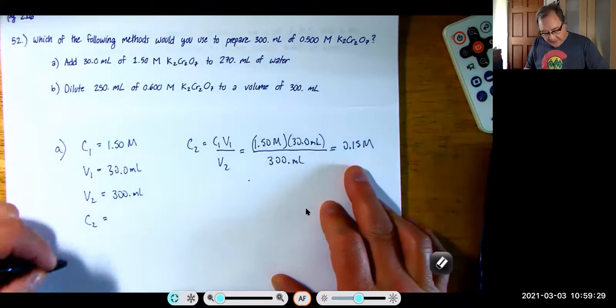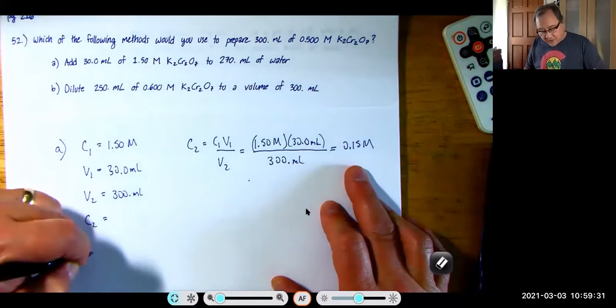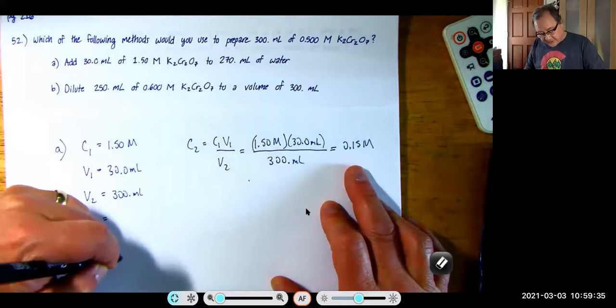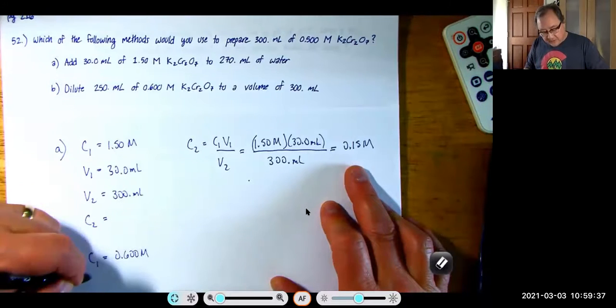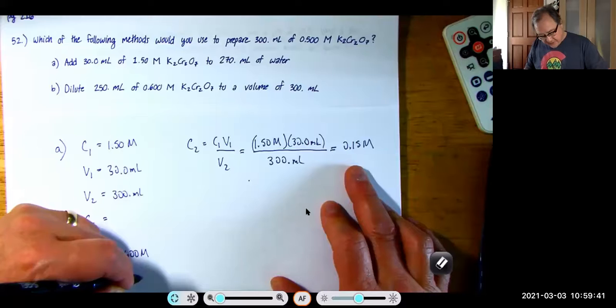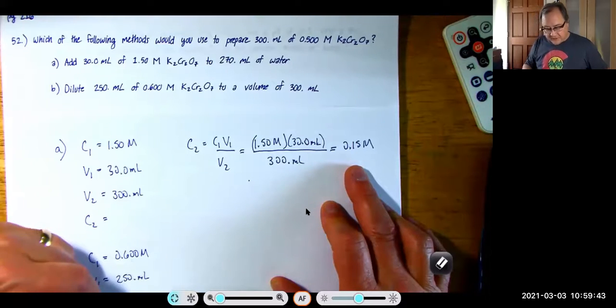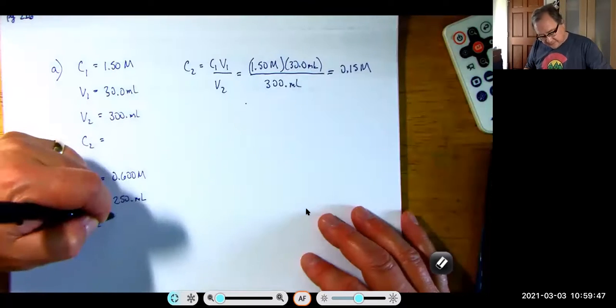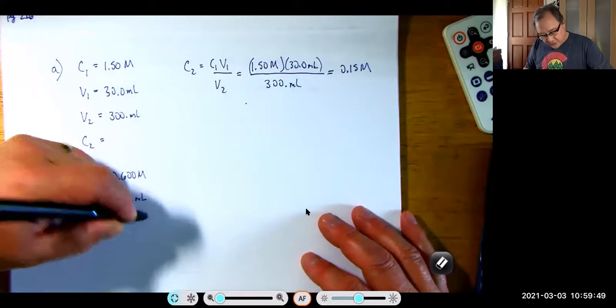Now for B, C1 is going to be 0.600 molar. V1 is going to be 250 milliliters. V2 is going to be 300 milliliters. And C2 is what we want.